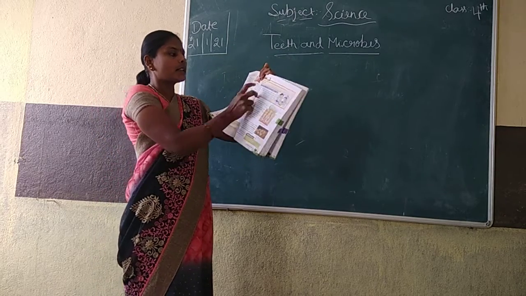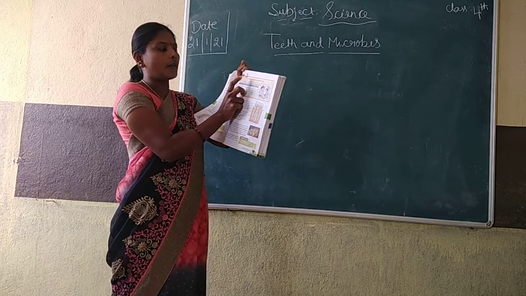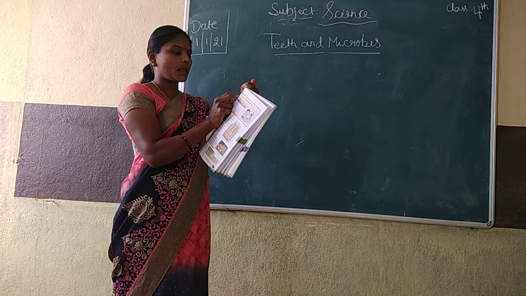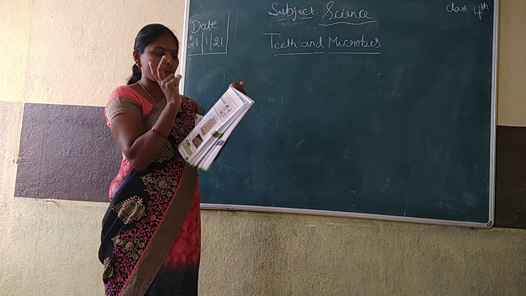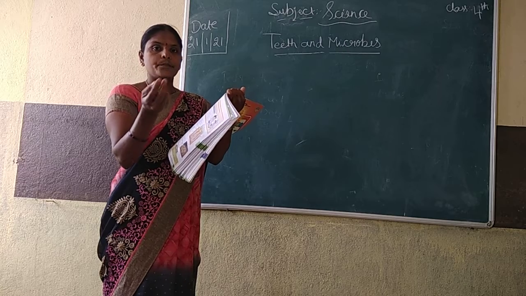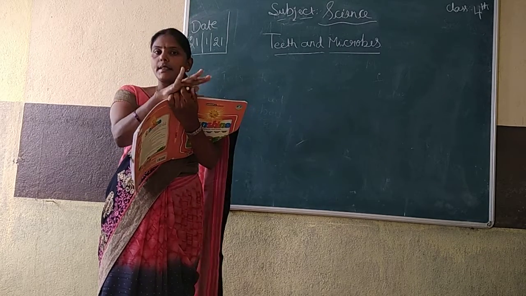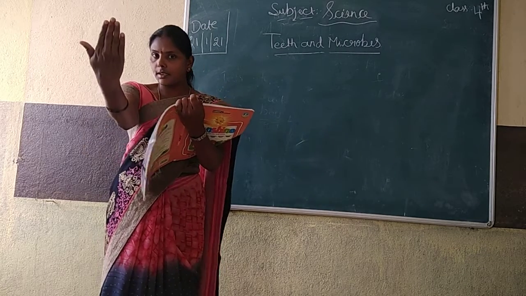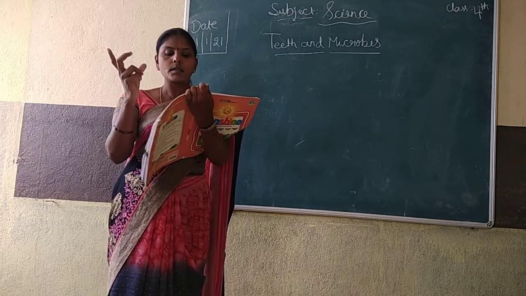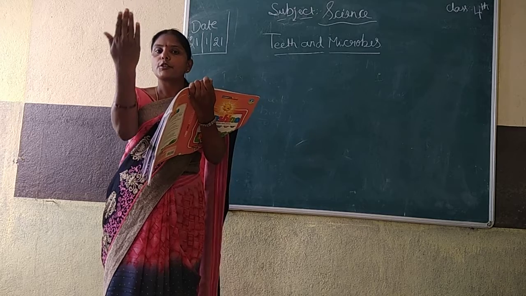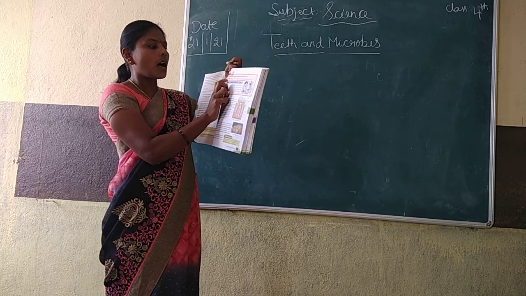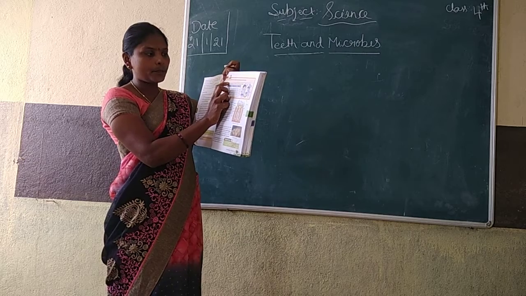How many? Stand in front of the mirror. Open your mouth and observe your teeth closely. Stand in front of the mirror and open your mouth. Are they all the same?